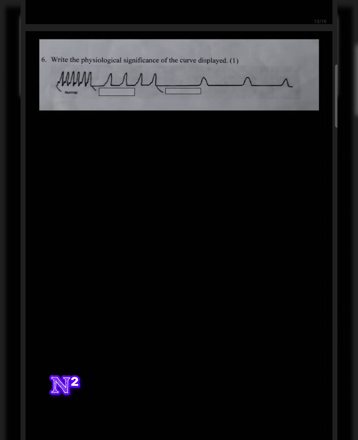Now in this curve you can see the curves are showing you two phases which are more or less flattened area. And the rest of the curves are showing you a typical pattern of cardiac activity.